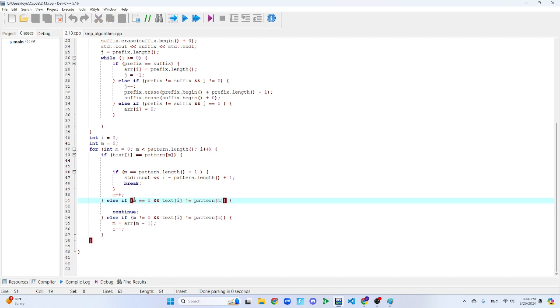Otherwise, if m is 0 and the text doesn't equal the pattern, we just continue because I is always increasing.